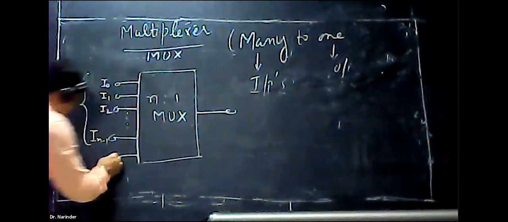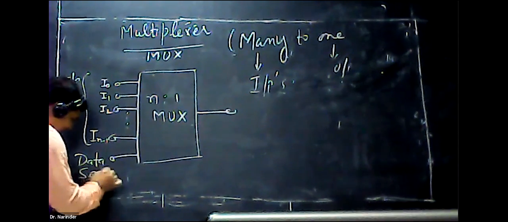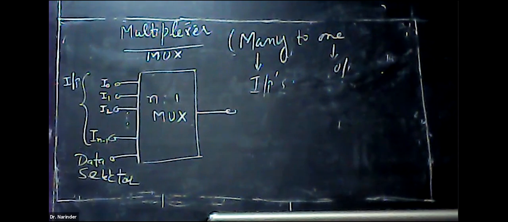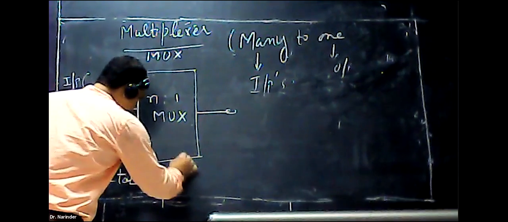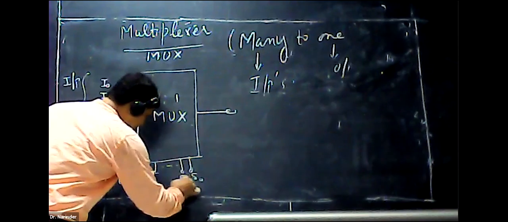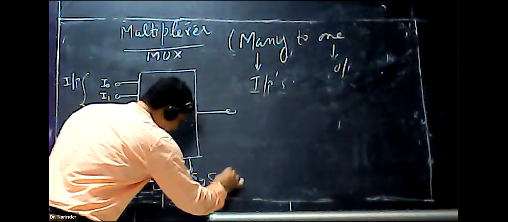There is a data selector. Without it, it will not work. Data selector or enable line. There are select lines S0, S1, up to Sm minus 1. These are the select lines.